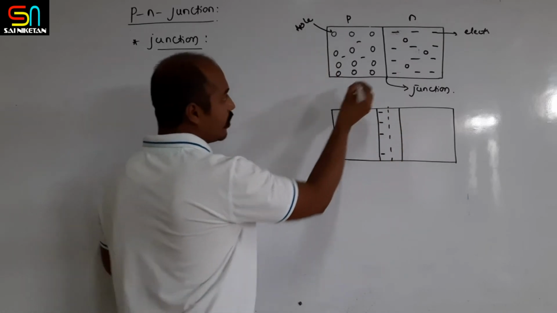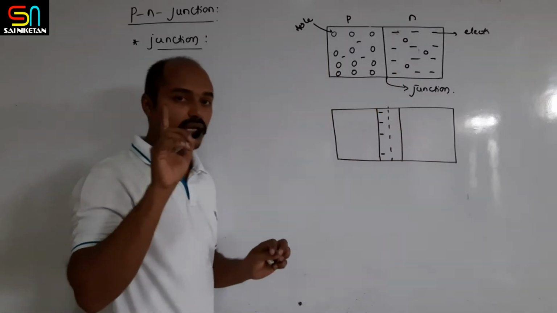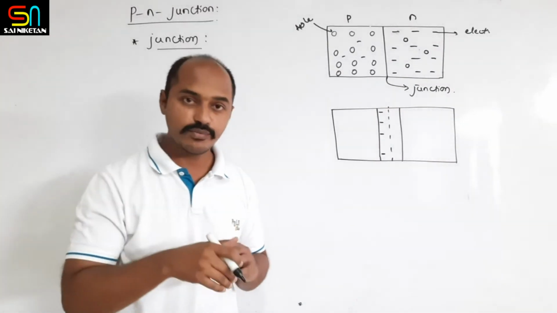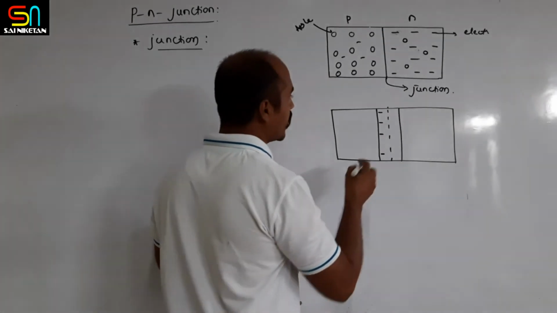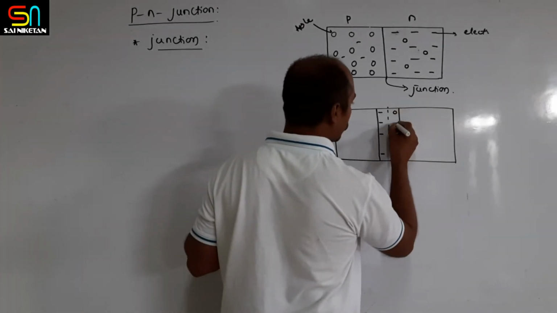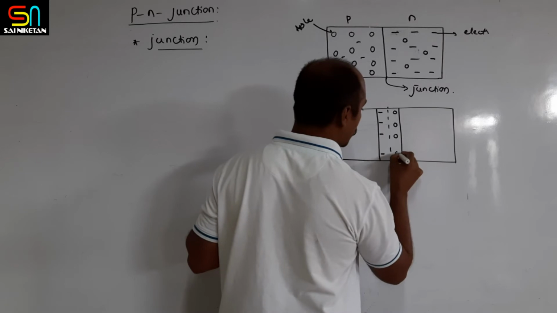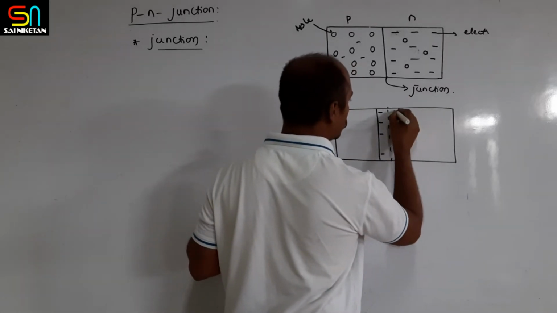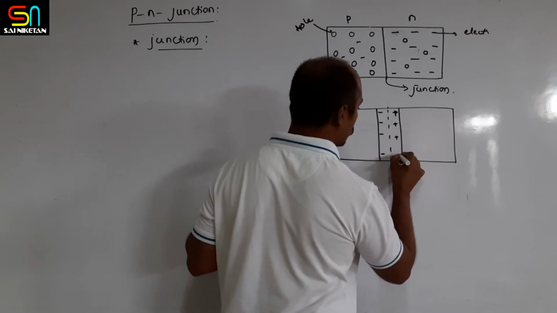And when one electron goes away from a donor impurity, a positive ion remains, hence it becomes positive. I'll just mark them as positive and negative.